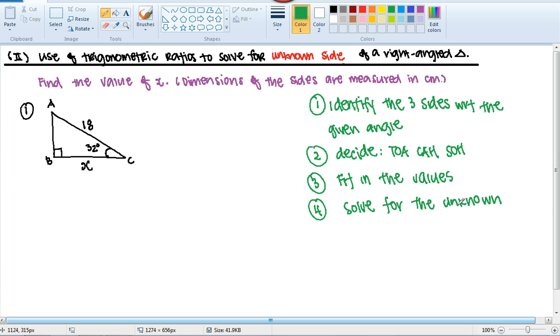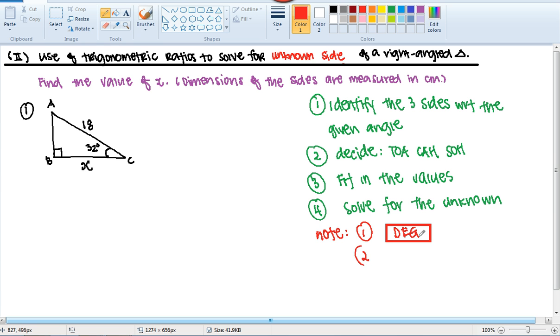Now there are several things that you need to take note of. Now this given angle 32 degrees is measured in degrees, so please make sure you do a calculator check and ensure that it is in degree mode.